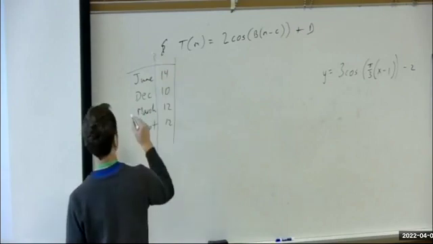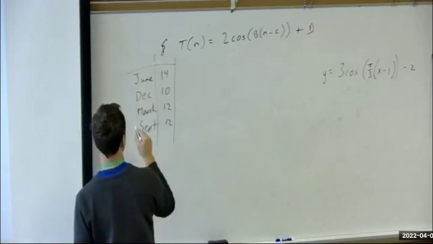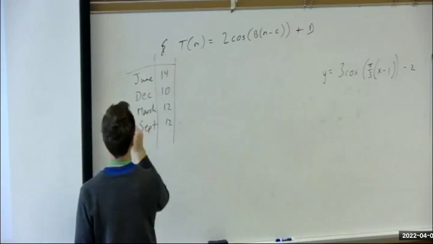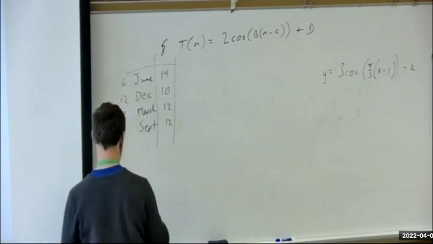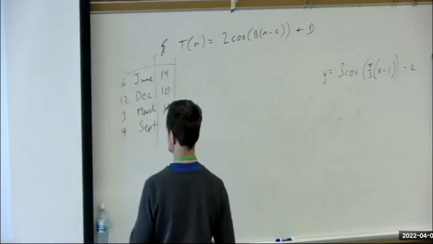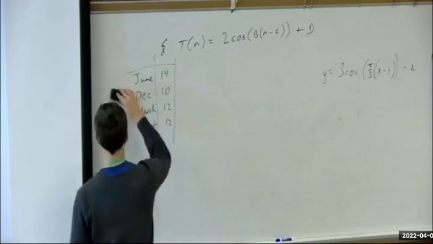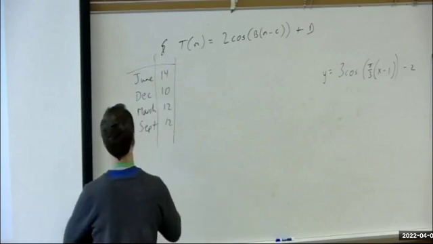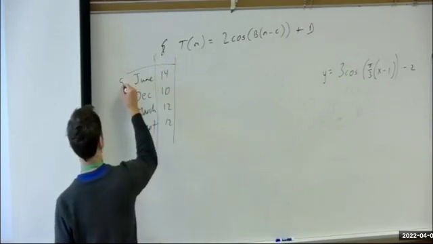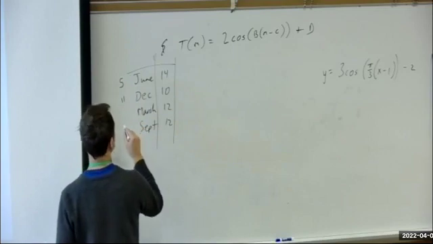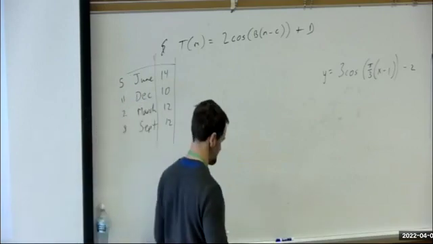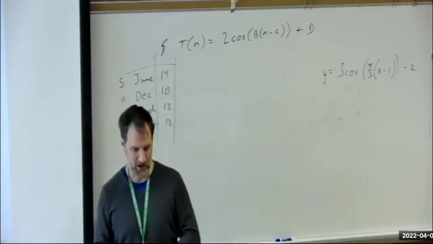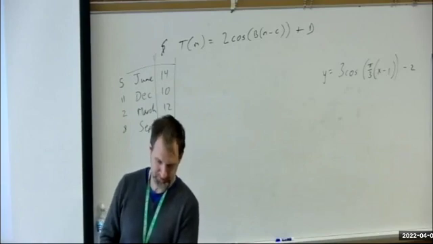We're counting January as month 0, so we really need this to be month 6, 12... no, I'm off by 1. So January is 0, then June is 5, December is 11, March is 2, September is 8.